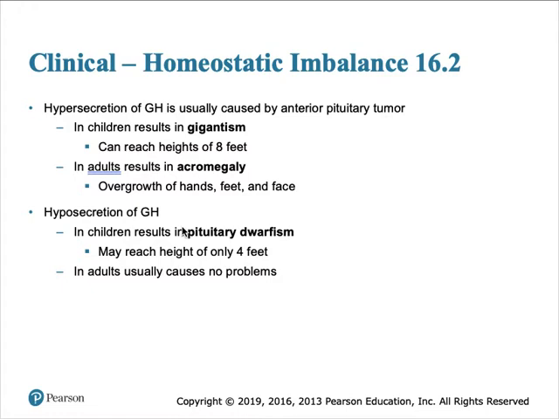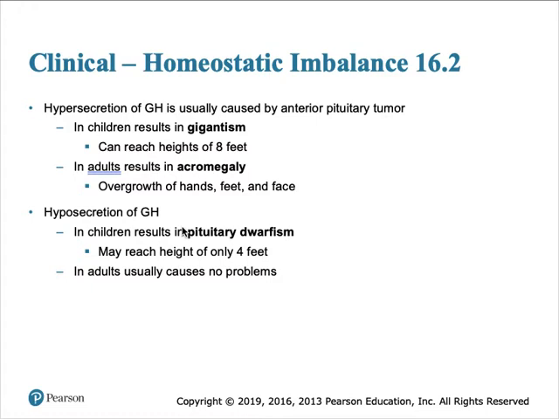We get too big overall. So someone like that who has gigantism can be as large as 8 feet. If you get too much growth hormone in adults, typically you end up with acromegaly. And so this is basically where the extremities tend to grow more: the hands, the feet, and the face. So gigantism is in children. Acromegaly tends to happen in adults.